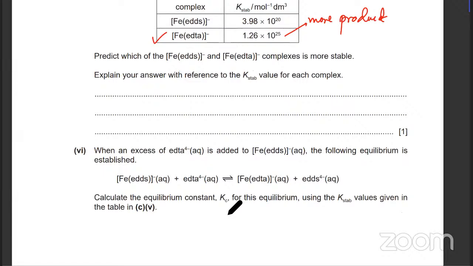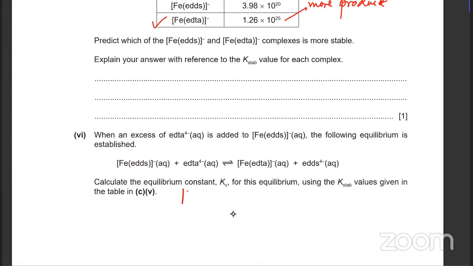Figure out or calculate Kc. What is Kc in this case? Kc in this case is the product concentration, which is Fe EDTA minus its concentration times EDDS 4 minus concentration, and this is what you're looking for.